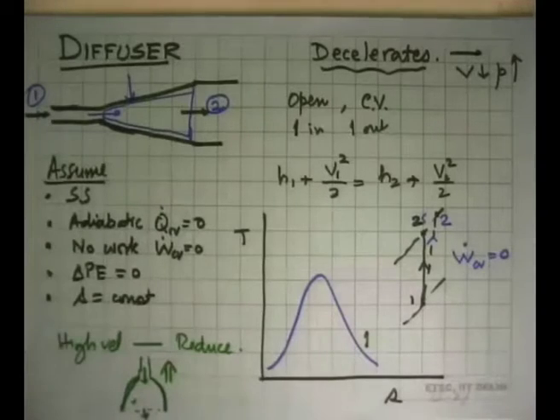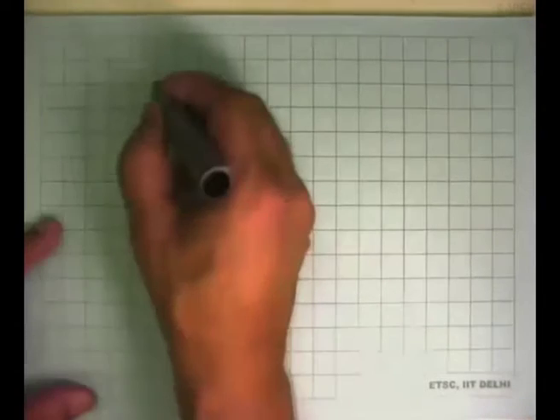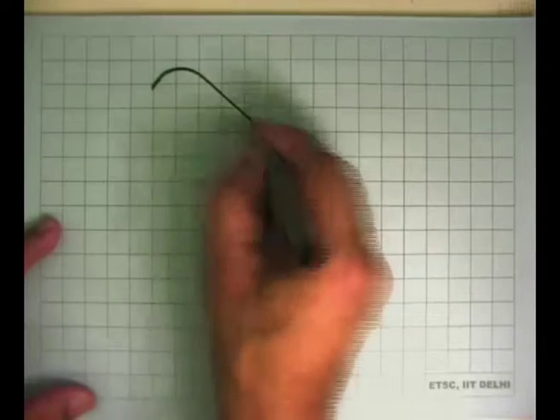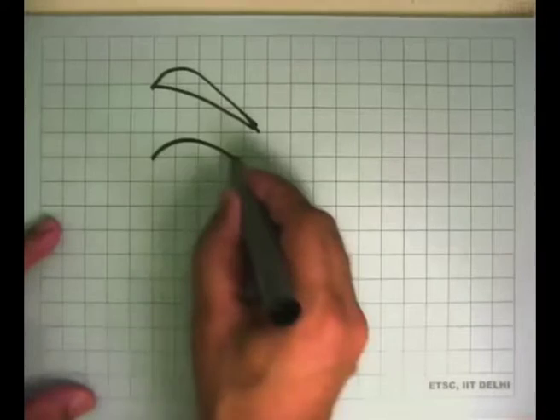The way we achieve nozzles and diffusers, although I have drawn it here as a pipe, in turbo machines, we achieve this by making a passage between 2 consecutive blades. So if you look at 2 blades and we draw the shape like this, this is, say, 1 blade and this is a second blade.